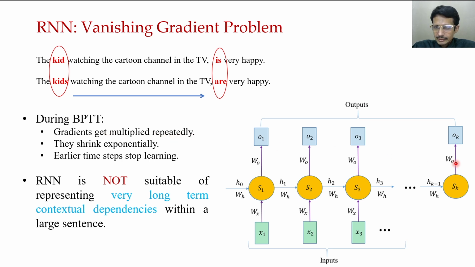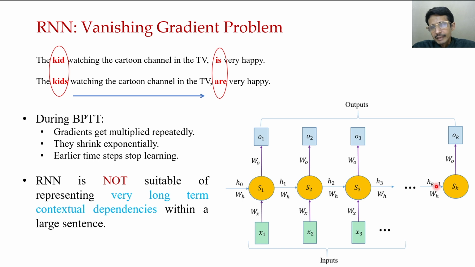As we see, if it is here, at this particular word, this error gradient is backpropagated through time in the backward direction to come to this second word.